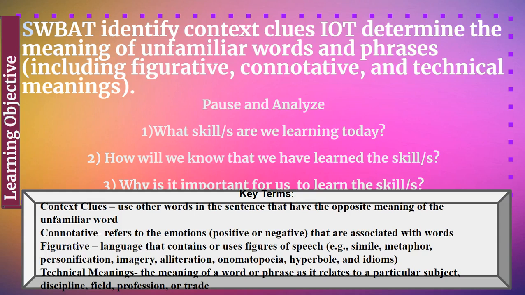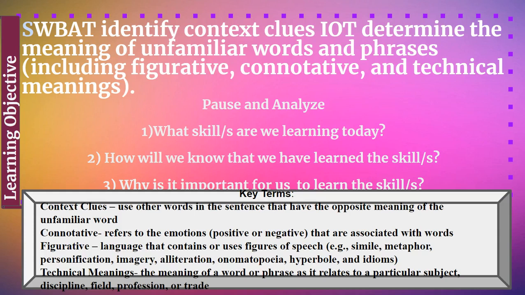For example, in English, we have certain words that are strategically used in our field. Same thing in that subject. Same thing in our field of education. We have technical meanings of words that are strictly used for education.